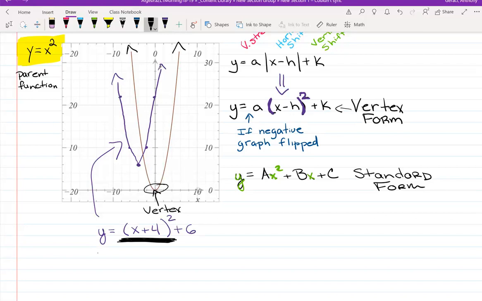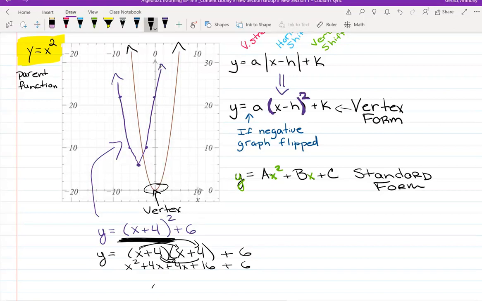Oh no. We're going to make sure we remember that something squared is something times itself. You're going to see this so much this unit. So now if I distribute to both terms, I get x squared plus 4x, another 4x, and a 16. If I combine like terms, x squared plus 8x plus 22.